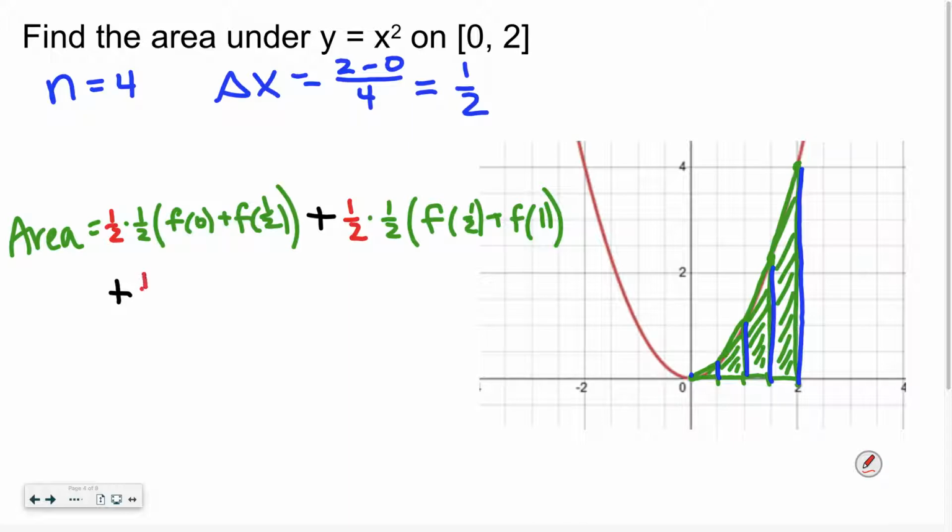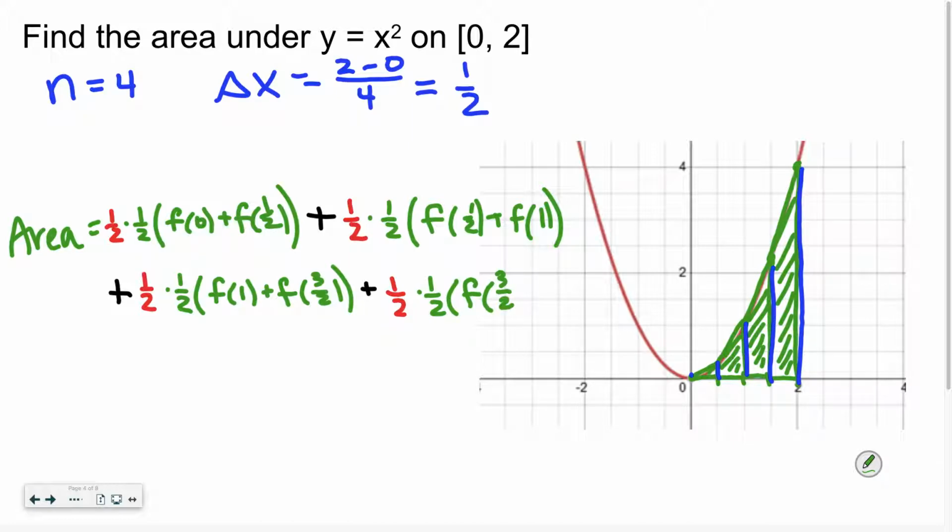So that area would be 1/2 times the height times the sum of the bases. Is this annoying? It is, isn't it? Our last trapezoid, 1/2 times the height times the sum of the bases, f of 3/2 plus f of 2.